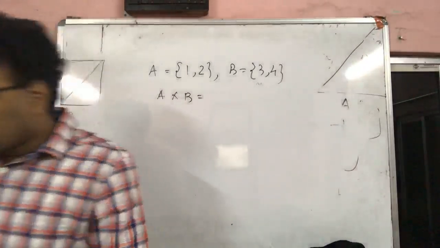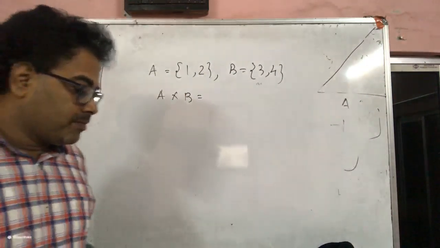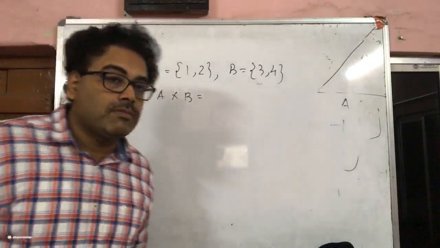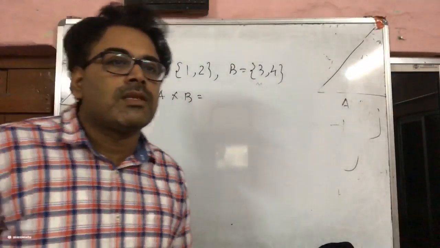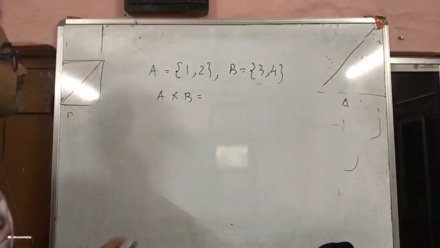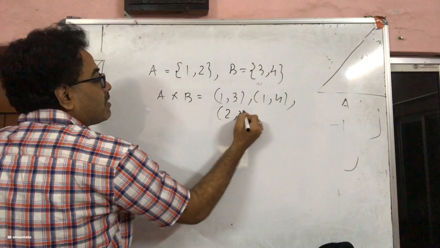First you find A cross B. Okay, fine. A cross B is 1 3, 1 4, 2 3, 2 4.